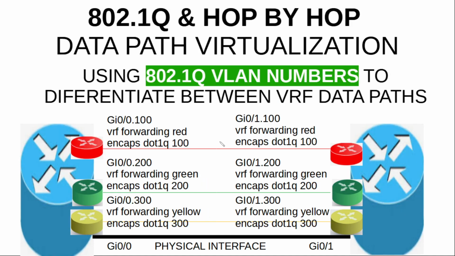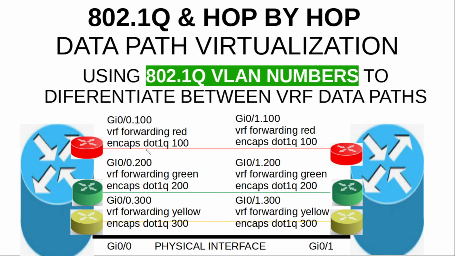So let's show some examples to put this in a more clear manner. Let's say that we are using three VRFs, red, green, and yellow, at each router.